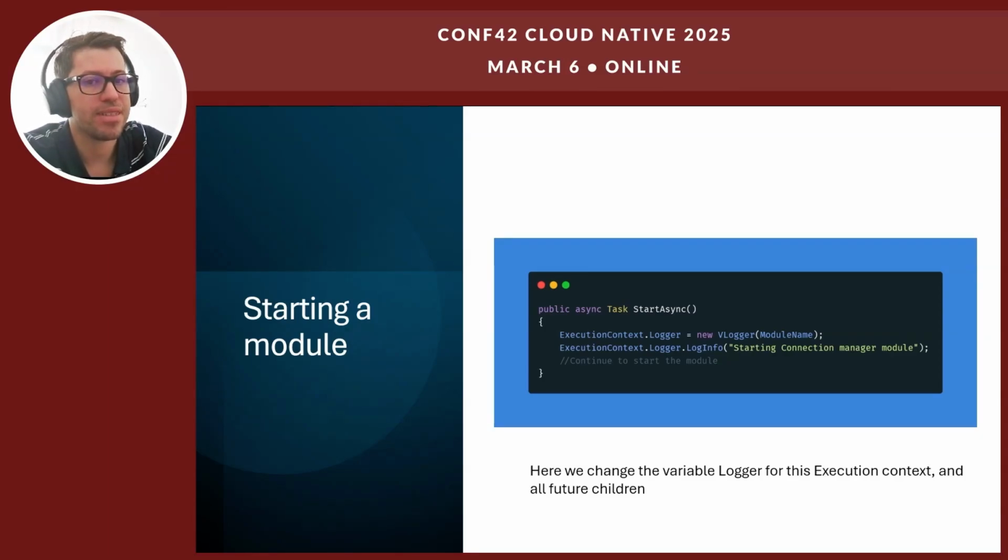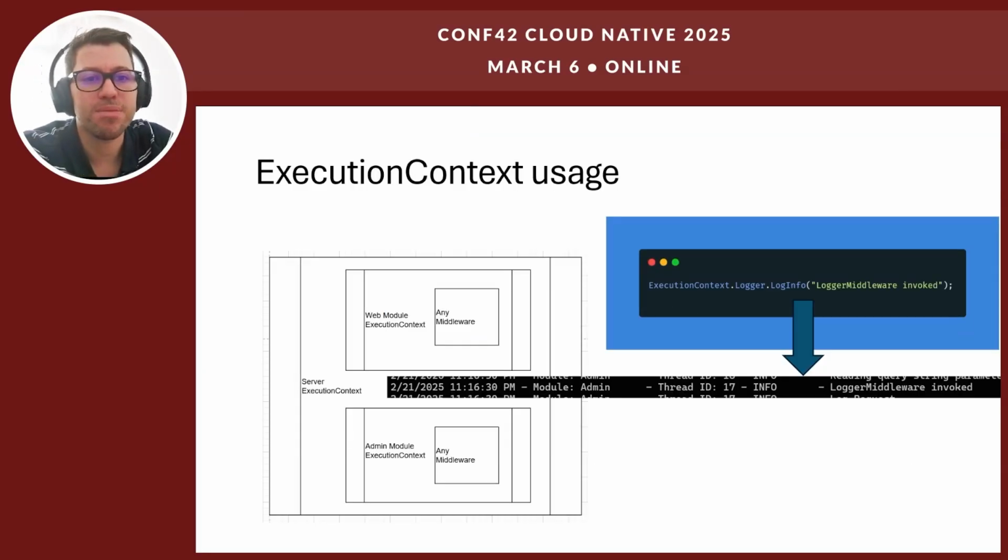This means that each execution context has its own logger instance and can log with the appropriate module-specific information without interfering with other contexts. What that means is that when we are in our web module or admin module, the logger used is always tied to the specific execution context.